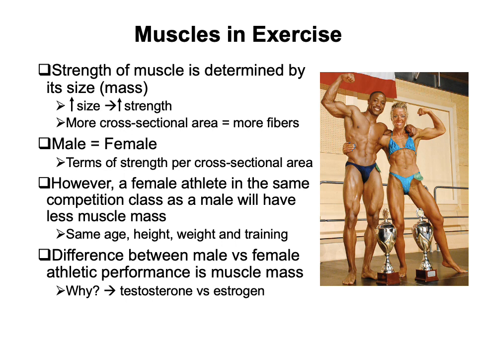However, a female athlete in the same competition class, for example, the same age, the same height, the same weight, the same type of training, the same type of nutrition, will have much less muscle mass. The main difference between male and female athletic performance with the muscle mass is due to testosterone versus estrogen.